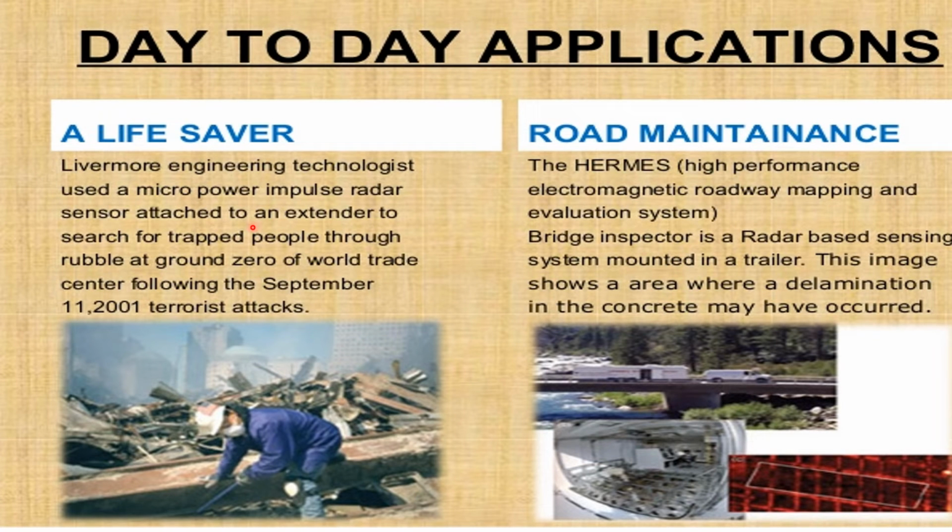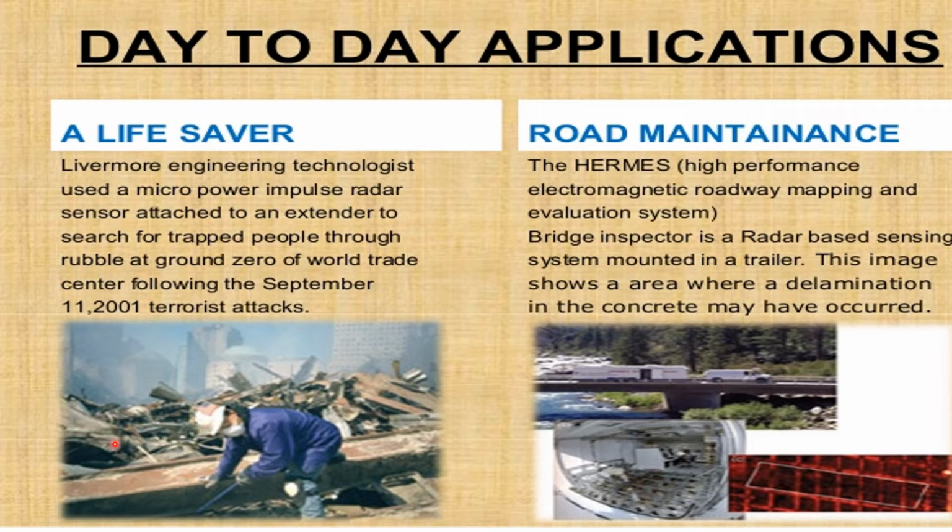So these are day-to-day applications, lifesaver applications and road maintenance applications. Here you can see a person with a rod which provides him radar signals, and he can search for and take out trapped people. This is how radars can be used if a terrorist attack occurs. You can see how terrorist attacks can damage buildings.